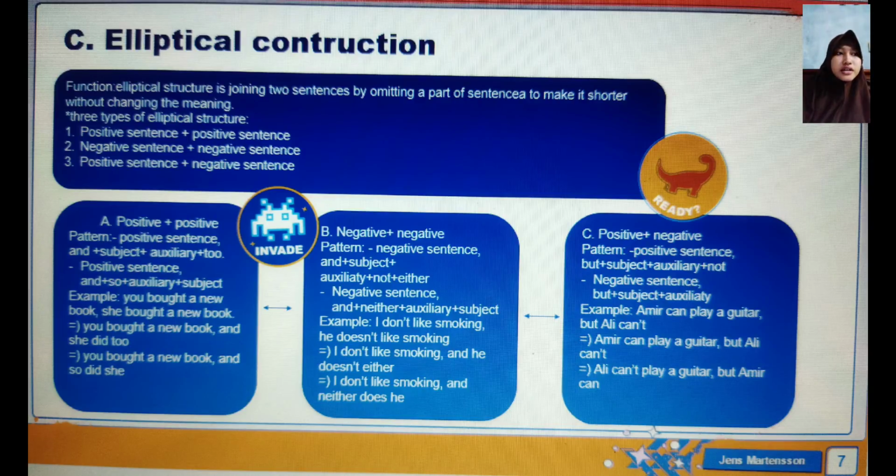The second pattern is negative sentence, comma, but plus subject plus auxiliary. The example is: Amir can play a guitar, but Ali can't. One is, Amir can play a guitar, but Ali can't. Two, Ali can't play a guitar, but Amir can.